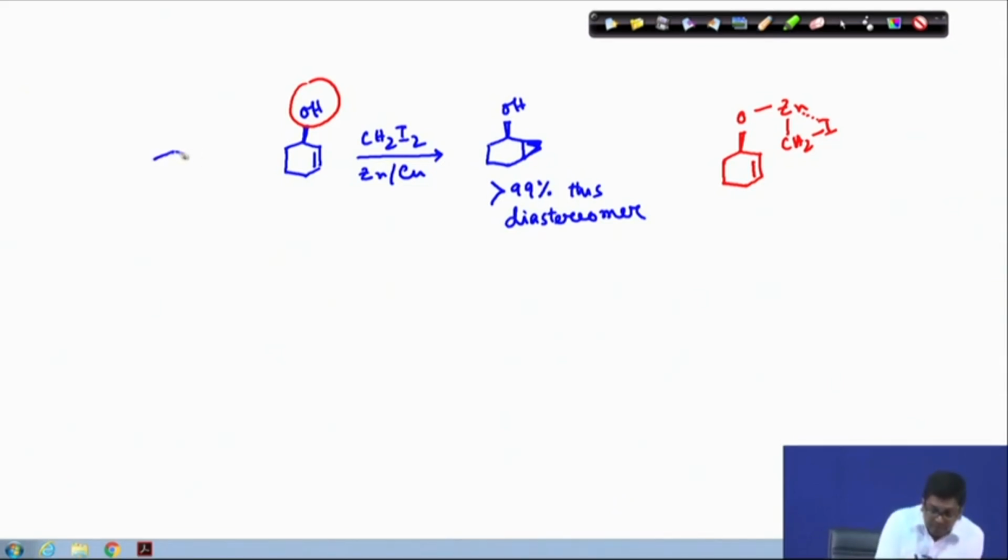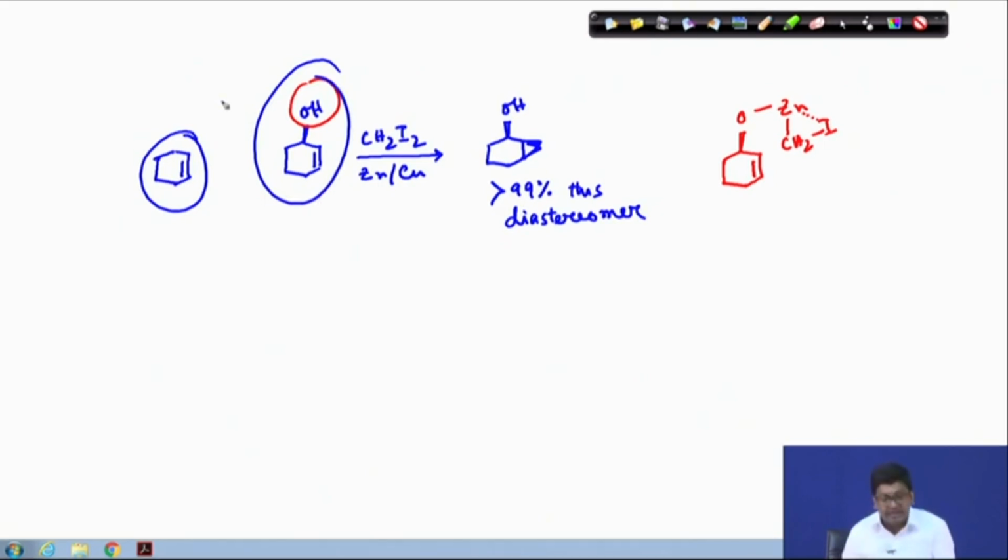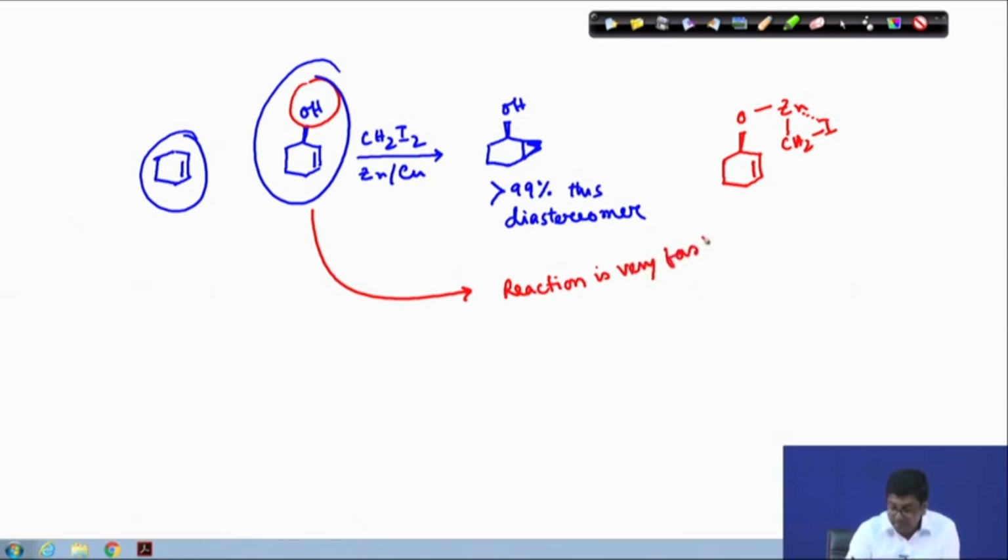If we compare the cyclopropanation of these two derivatives under similar conditions, the experimental result says that the reaction of this allylic alcohol is very fast, faster than its unfunctionalized precursor.